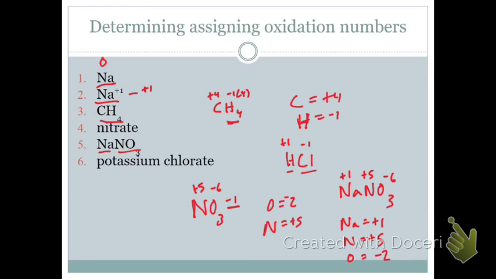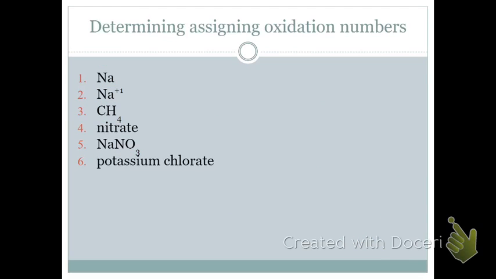And then potassium chlorate, KClO3. Kind of similar: any group 1 metal is +1. Oxygen is going to be a -6 in total, so the chlorine has to be a +5. So potassium is a +1, chlorine is a +5, and oxygen is a -2.